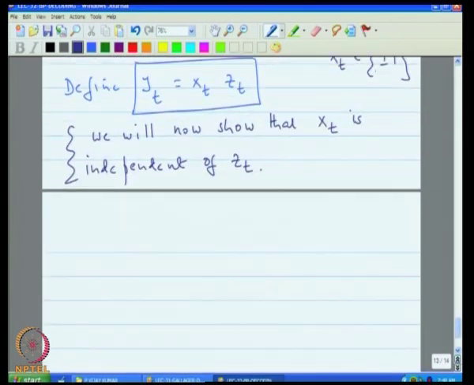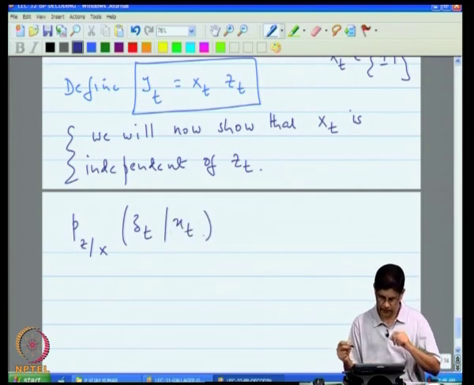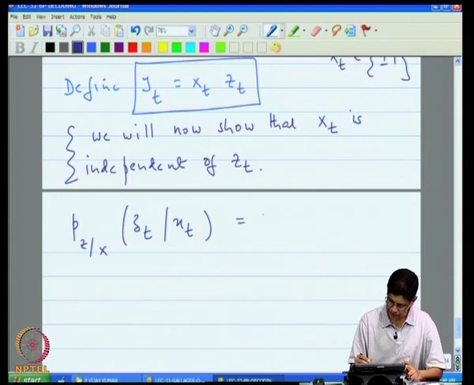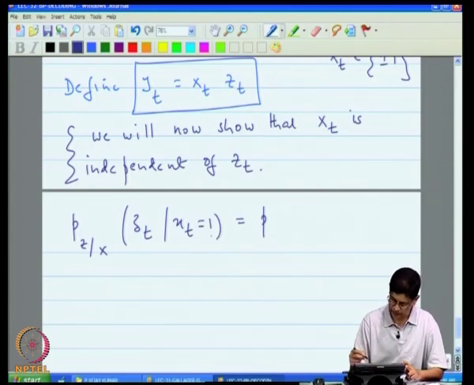Okay. So, let us say P of z given x of zt given xt is the same as, let us say that we condition this upon xt equal to 1.